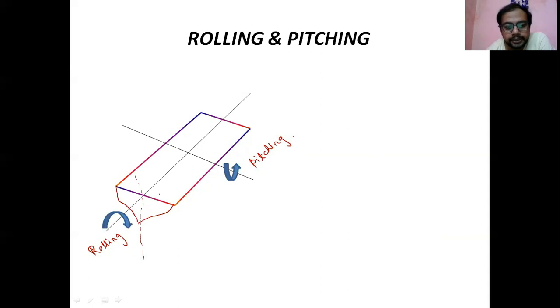In rolling or pitching, the width is W and the length is L, so it looks like a rectangle.